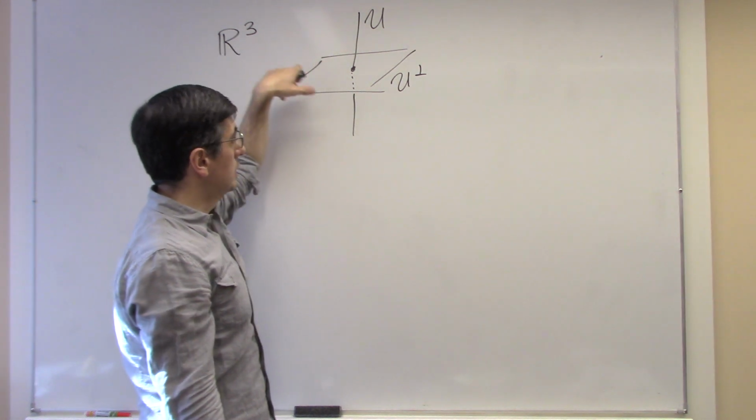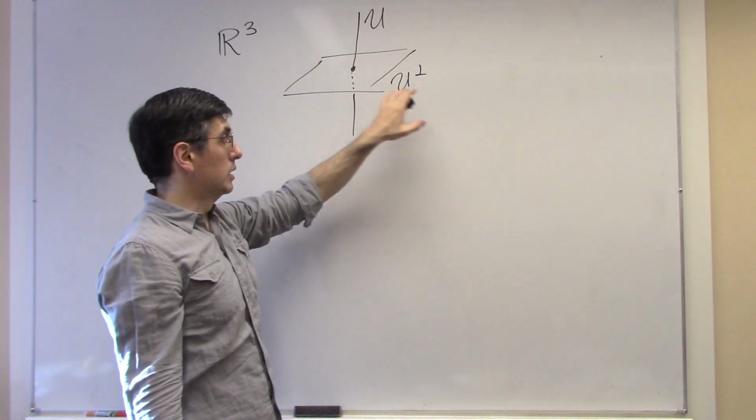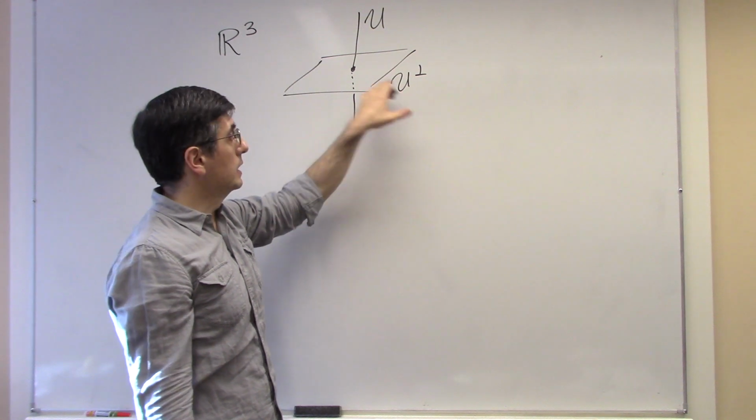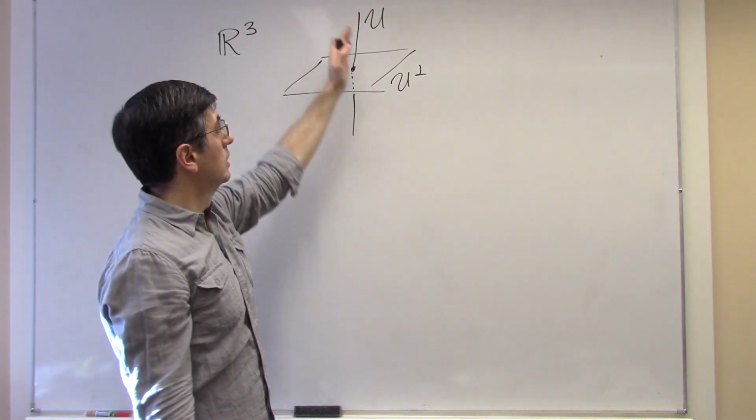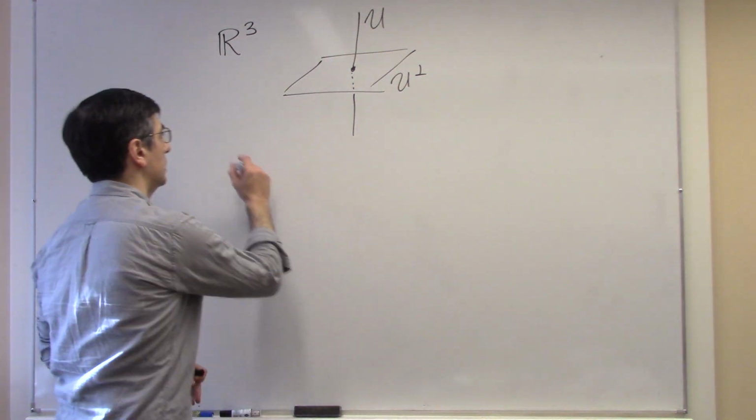For example, you can imagine that U perp, the orthogonal complement, is the xy plane and U is the z axis.